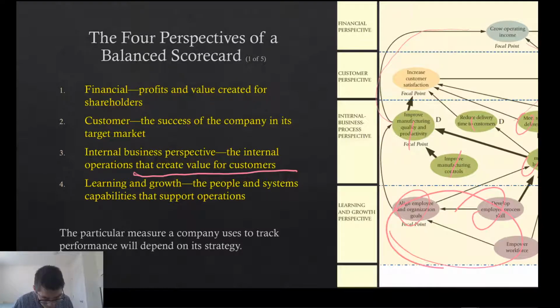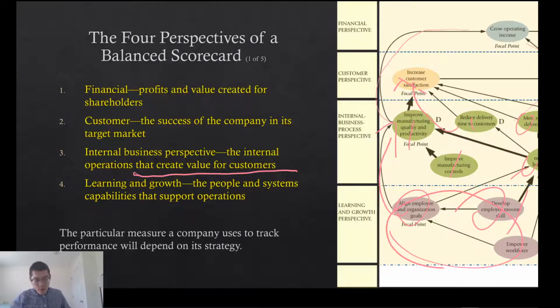And how these can have a causal result in product quality improvement, improving customer service quality, and increasing customer satisfaction.